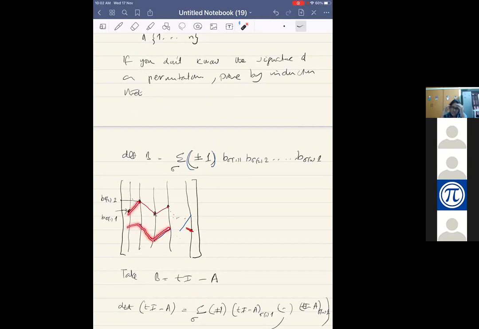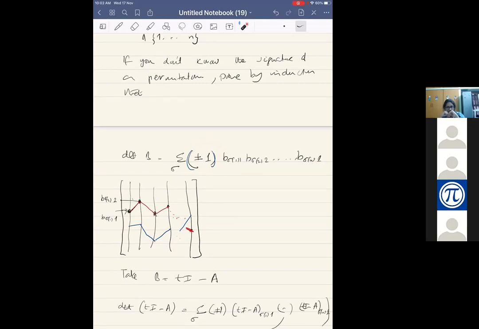Take an entry from the first column, pick one from the second column, pick one from the third column, and so on, and then multiply them. That will give you one of these terms. Stick in a sign that depends on how the entries are chosen: plus 1 if the corresponding permutation has signature 1, and minus 1 if it has signature minus 1. Now add up all these terms, and you get the expansion of the determinant.